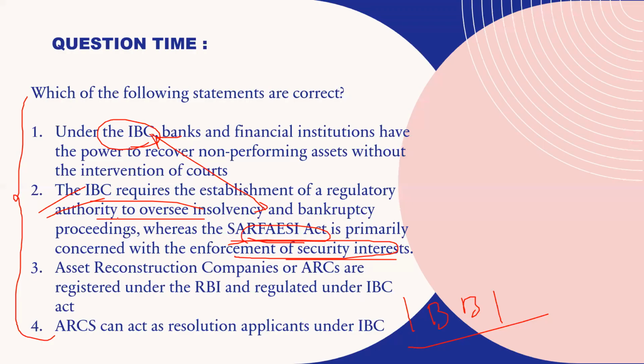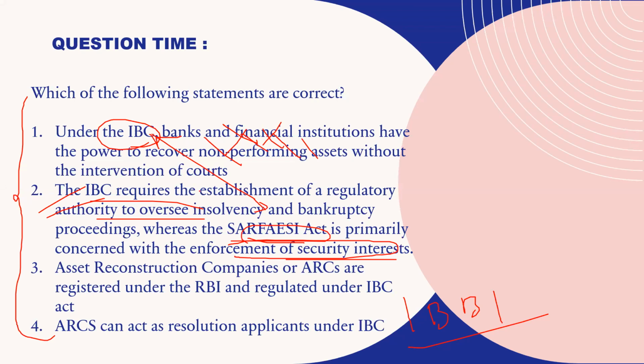The answer here is that this statement is wrong under IBC. Which act is this statement for: financial institutions have the power to recover non-performing assets without the intervention of courts?